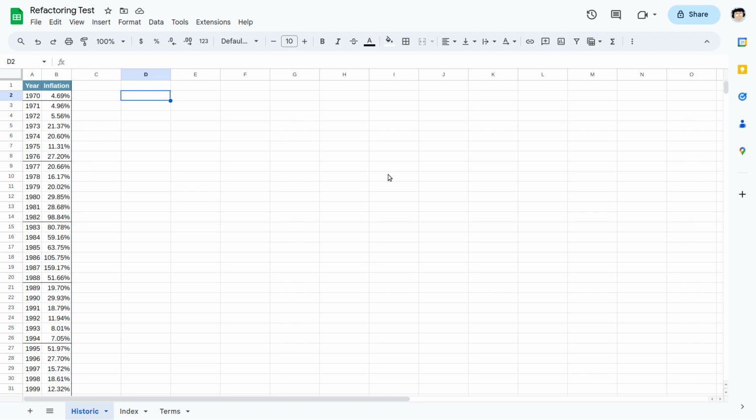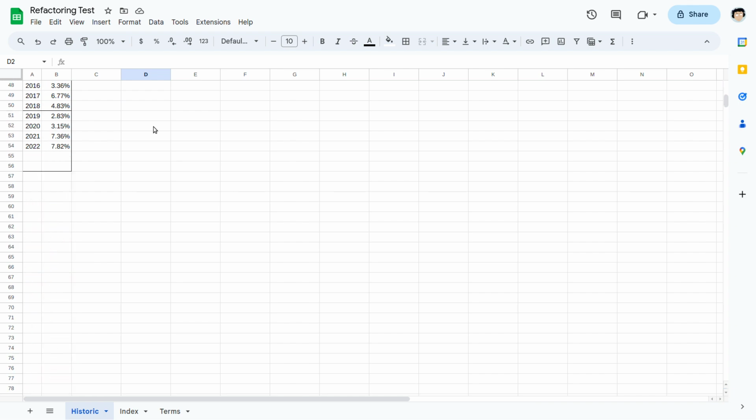So the idea is the same, but hopefully by seeing it in a spreadsheet, you will be able to grasp what's the whole point. This is called refactoring. This is what we call it in programming. And I'm gonna do something exactly like that in this spreadsheet.